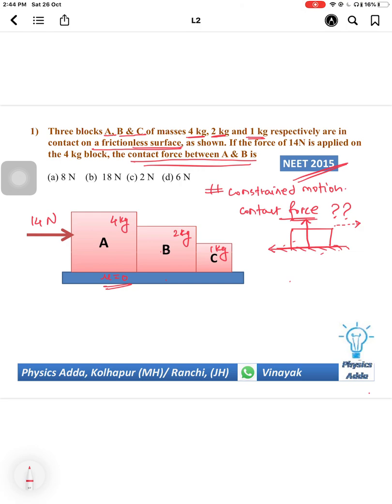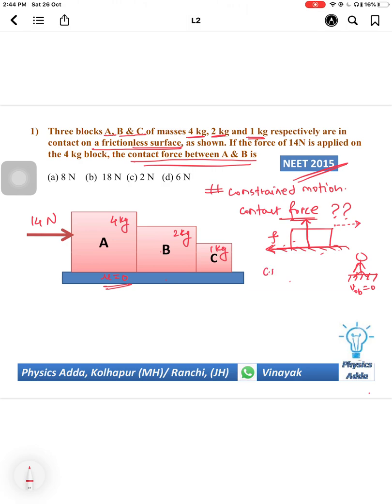If my observer is standing over here, stationary, velocity of observer is 0, then you will find that this block is moving towards right and the frictional force will oppose the relative motion, so it will act towards left, right?